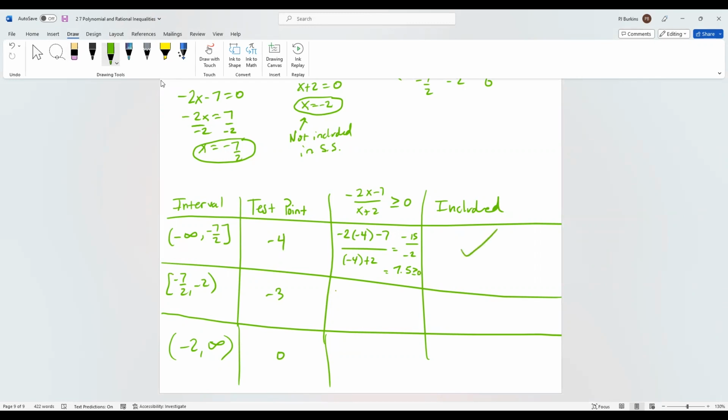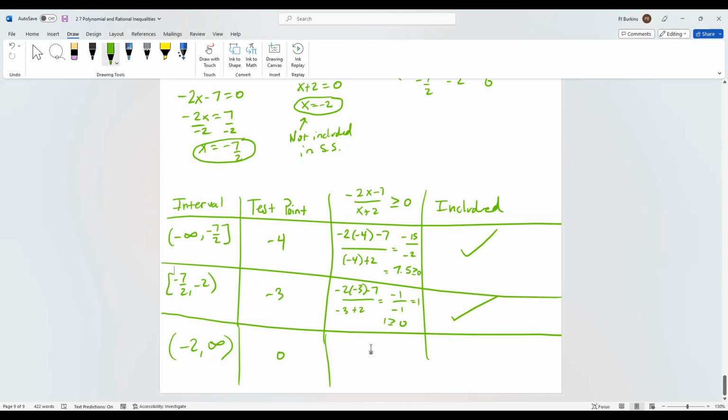Let's plug in negative 3. So negative 2 times negative 3, that's going to be positive 6. 6 minus 7 is negative 1. Negative 3 plus 2 is also negative 1. So we get 1. 1 is greater than or equal to 0, so that's included.